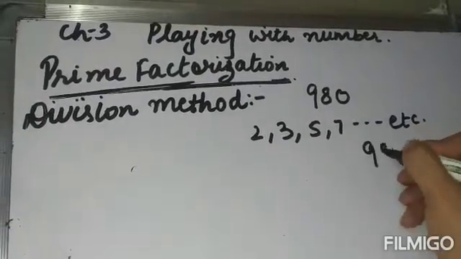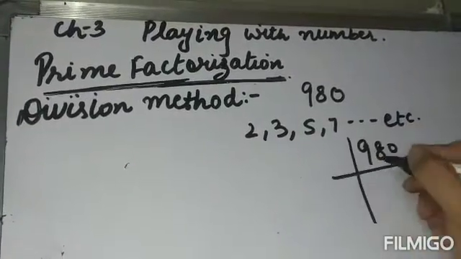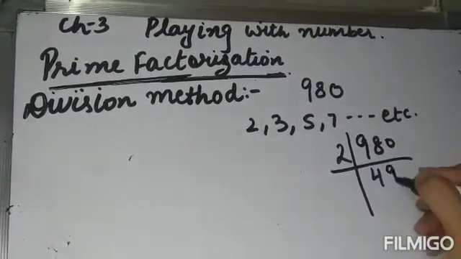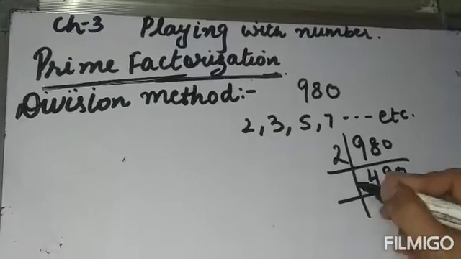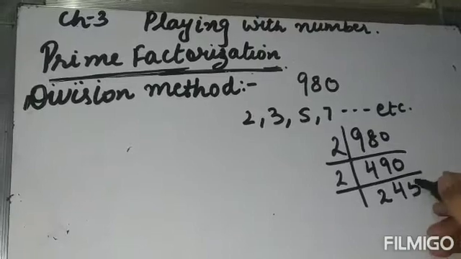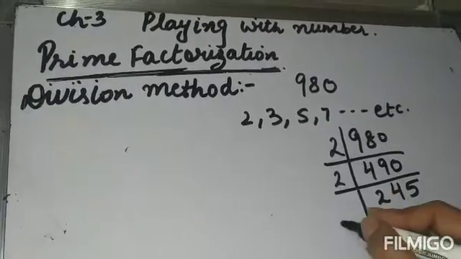Start from 2. 2 fours are 8, 18, 2 nines are 18, 0. Now 2 twos are 4, 2 fours are 8, 2 fives are 10.